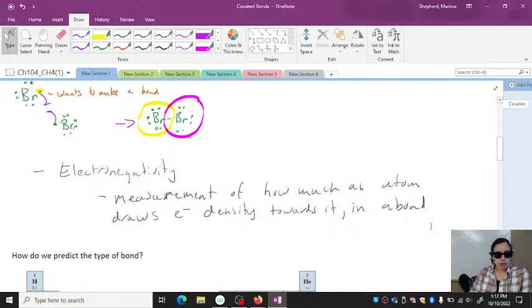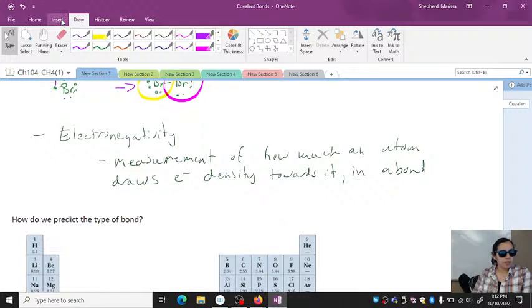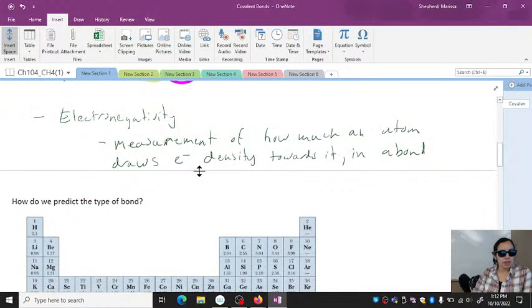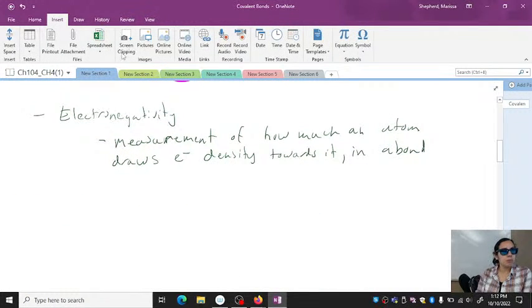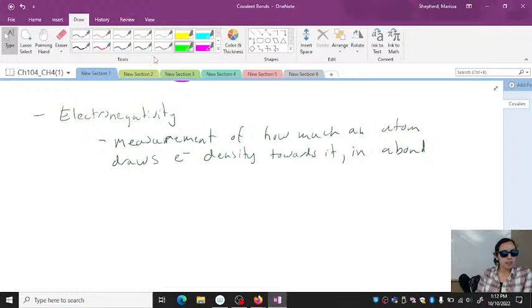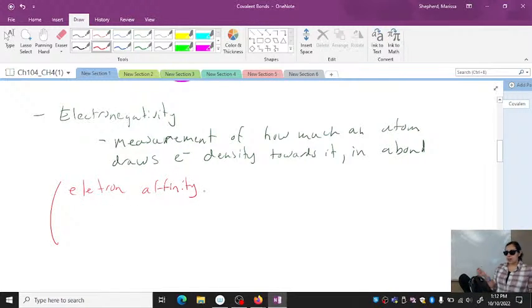And so why I keep emphasizing in a bond is because it's really similar and follows the same trend as something else. And so I'll put that as kind of an aside. I just want you to be aware of it. So the other term is electron affinity. And it's basically how much does a metal want an electron, which is really similar to electronegativity.